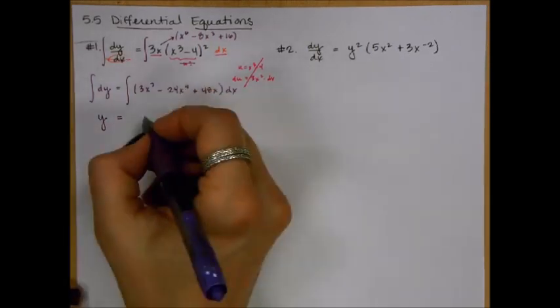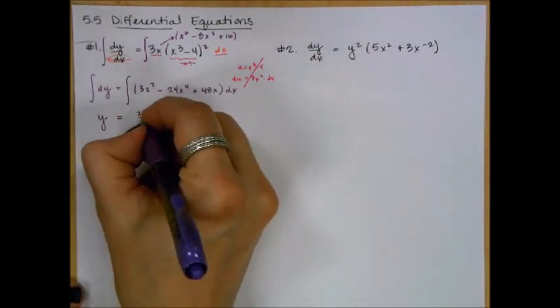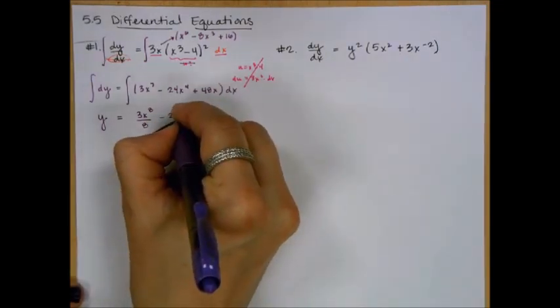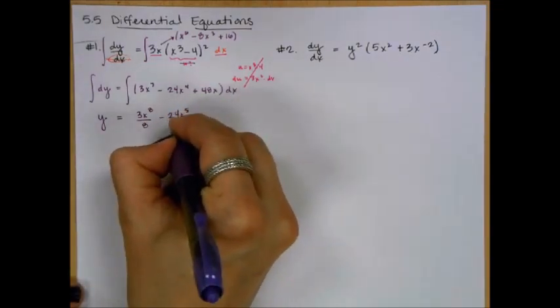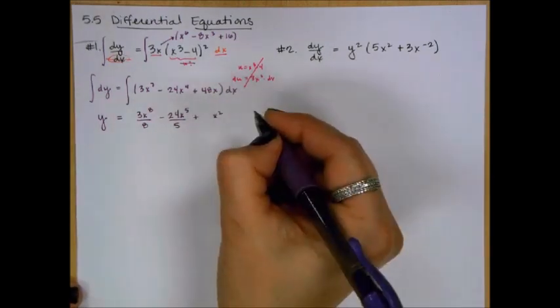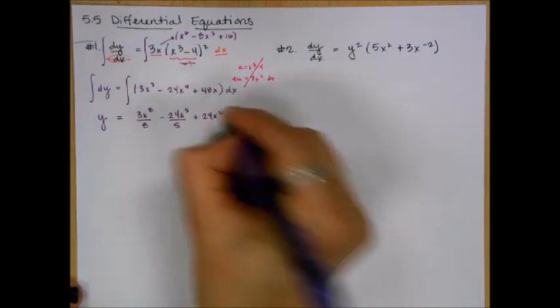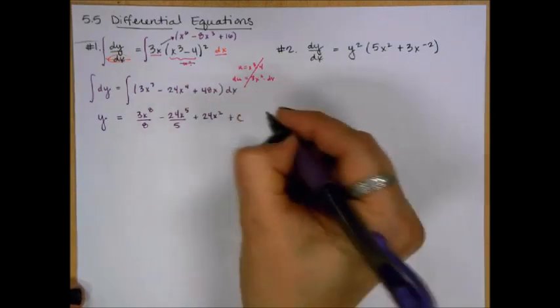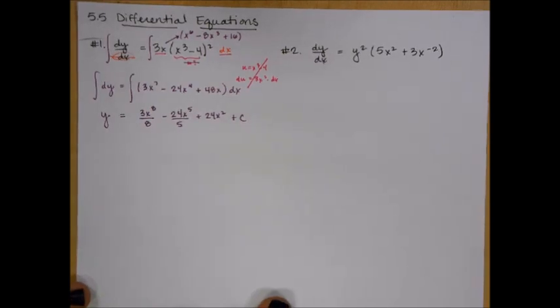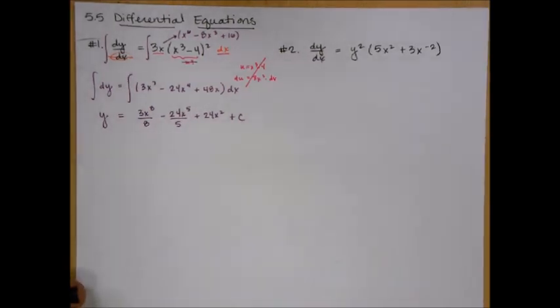So we'll keep on with our integration: 3x to the power 8 over 8 minus 24x to the 5th over 5 plus, this will give me 48x squared divided by 2 is a coefficient of 24, and then plus c. We don't have any initial conditions here to work with, so this is going to be our answer for number 1.